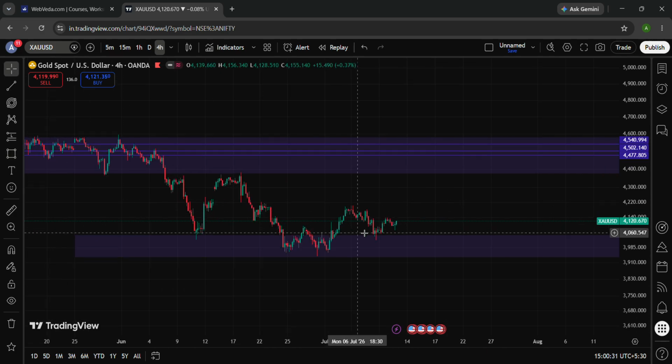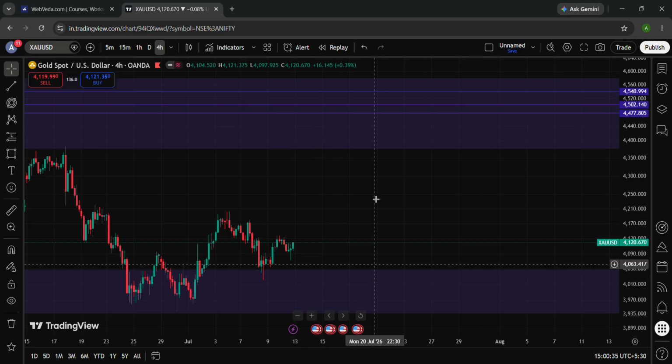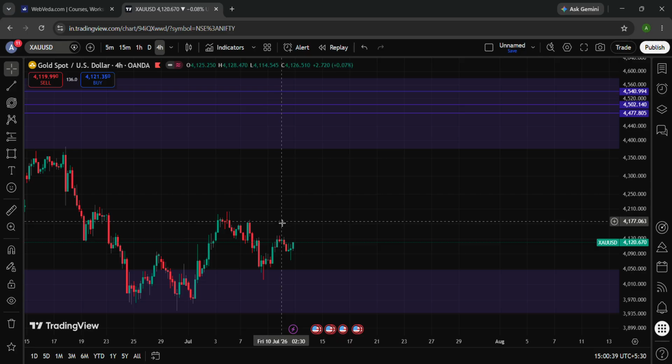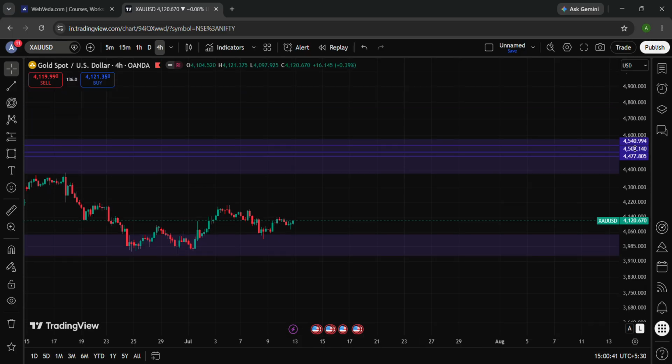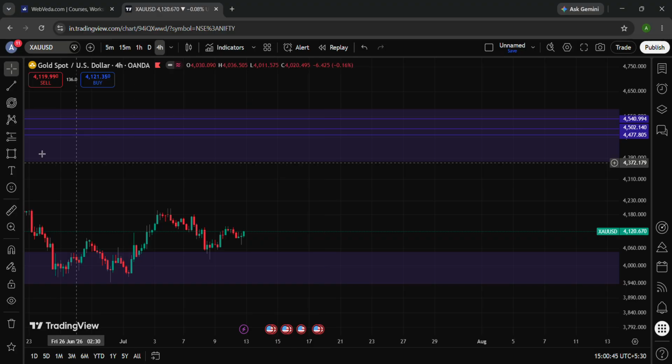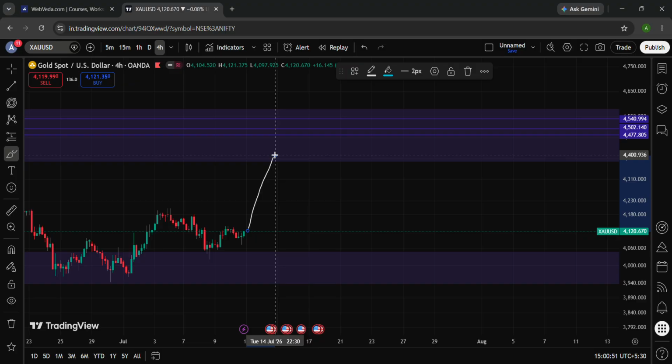I think that price can move upward and take the resistance from here, and price will actually move in that area if there is not a massive volume or massive breakout coming in. So my 4 hour chart view is that price can move upward from here. That is my simple vision, right?